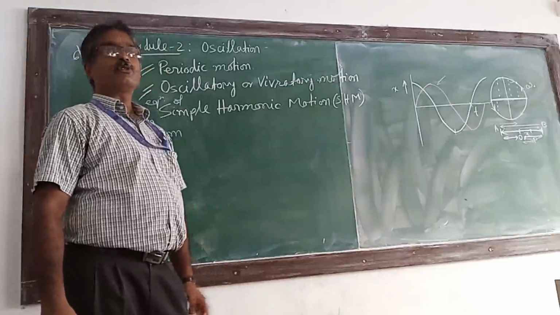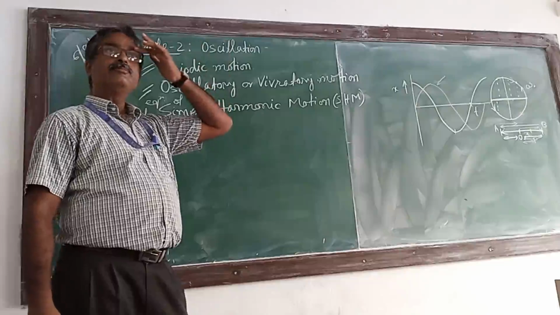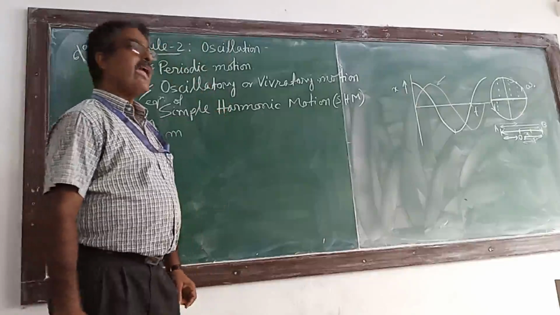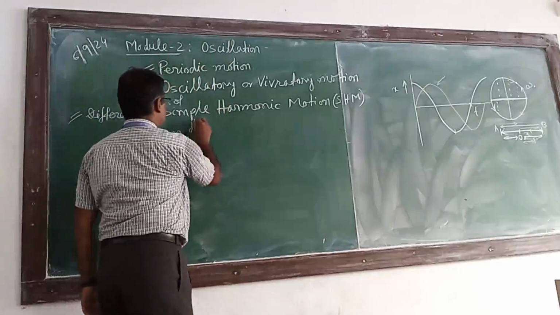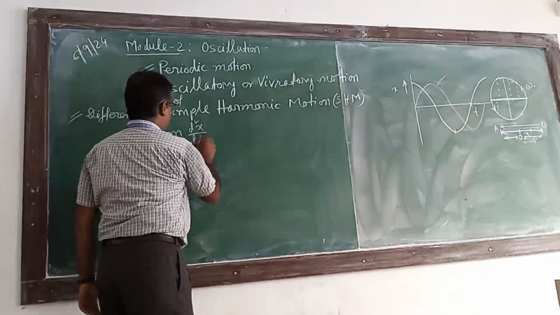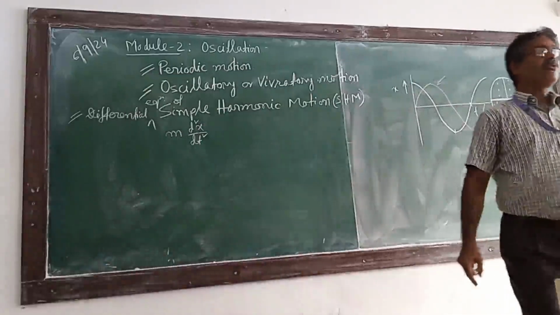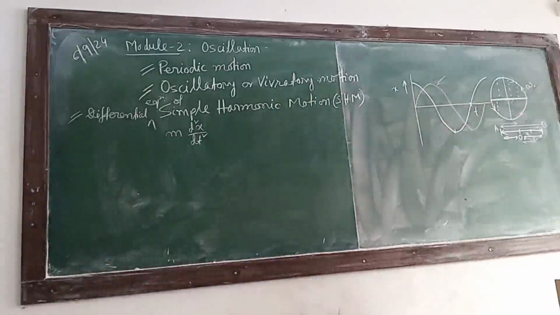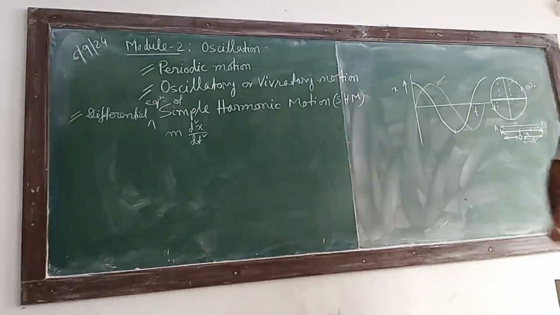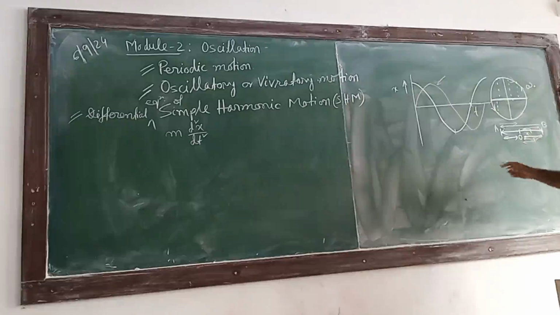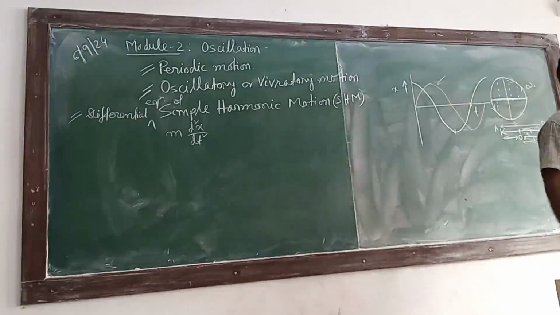What is the Newtonian force at x? m d2x/dt2, mass into acceleration. So when the particle is at x, what is the acceleration? d2x/dt2. So mass into acceleration is the force. This is called the restoring force. So when the particle is there, then the restoring force is in that direction, and that is m d2x/dt2.